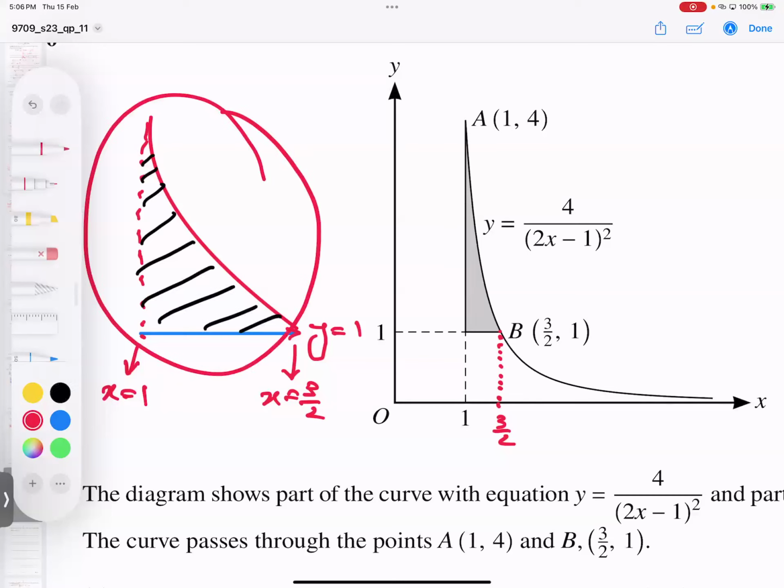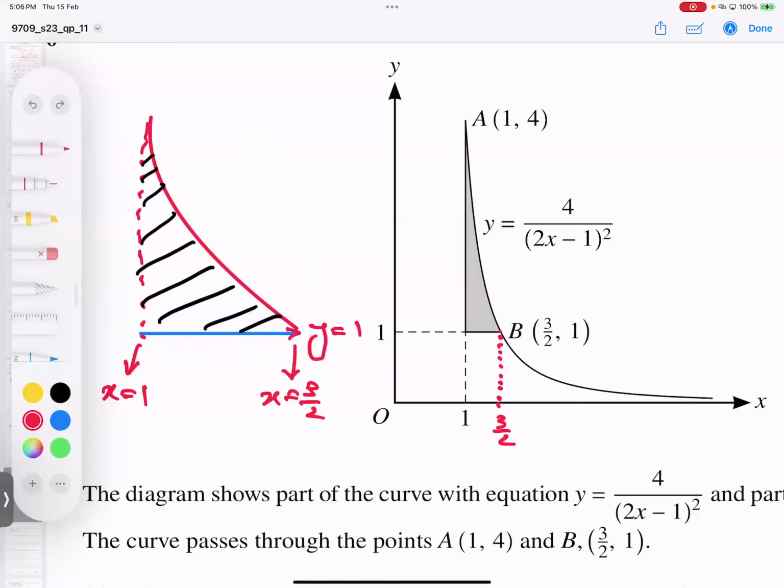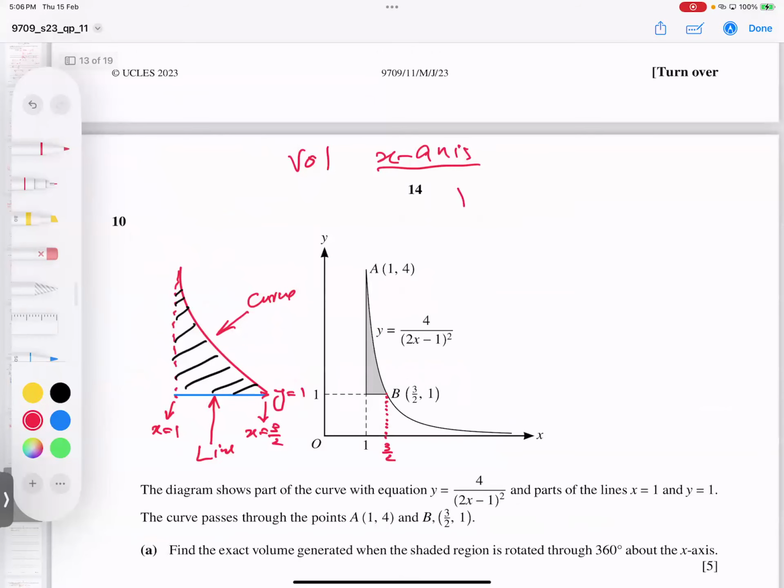If I want to rotate this shaded area about the x-axis, the upper is the curve and the lower is the line. The volume formula is basically: pi outside, from x1 to x2, the upper curve squared dx, minus again pi, from x1 to x2, the lower curve squared dx. This is the basic formula.